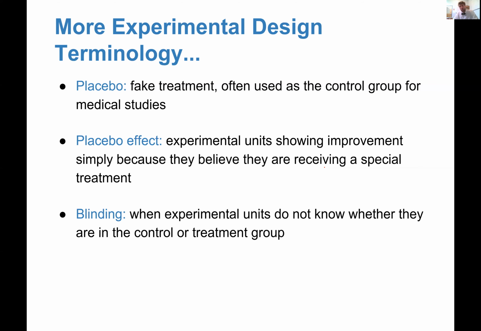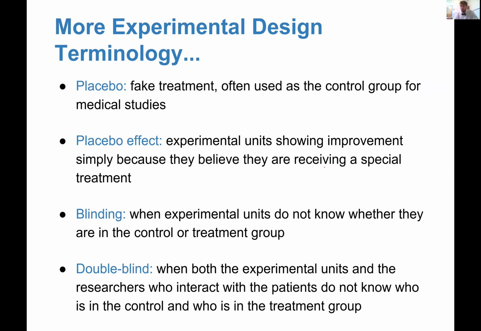Blinding is when experimental units do not know whether they are in the control or treatment group. And then double blind is when the experimental units and the researchers who interact with the patients do not know. This double blinding is useful for medical studies where you're afraid that the doctors and nurses will treat the two different groups differently.